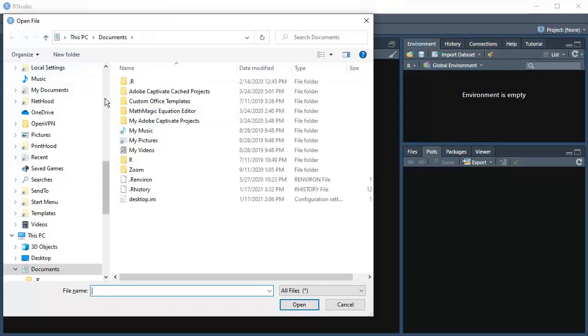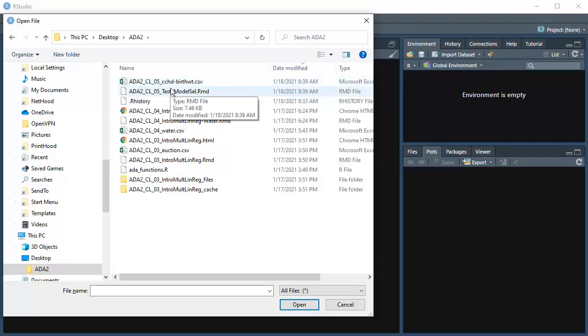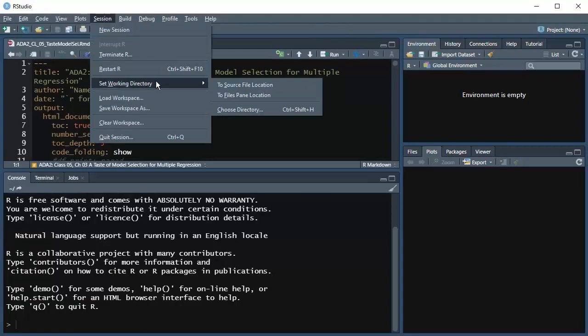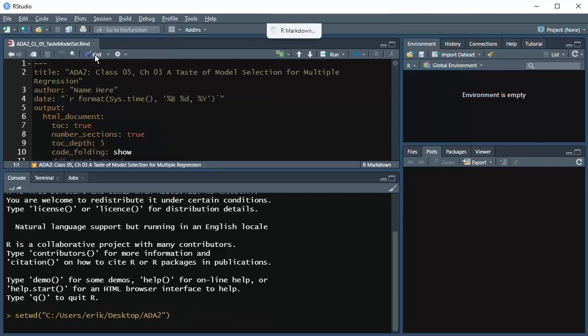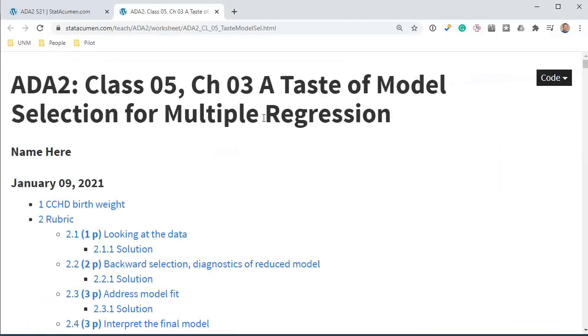Let's see, desktop, ADA2, and the Markdown file. Okay, we'll set the session's working directory to the source file location, and we'll knit. All right, so while that's working, let's take a look at this assignment.